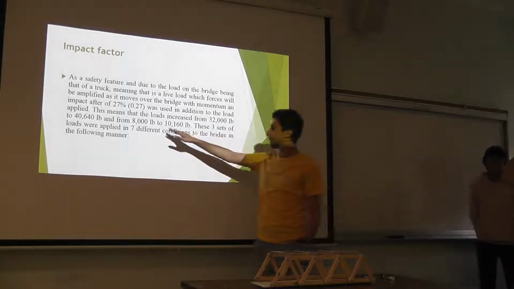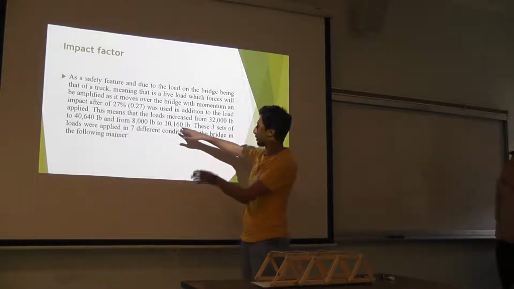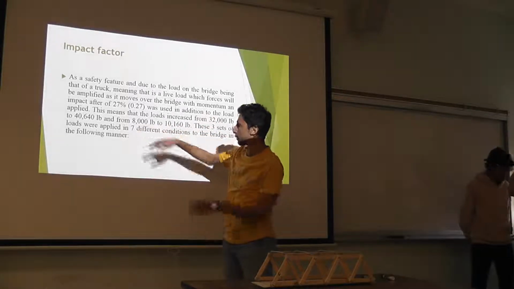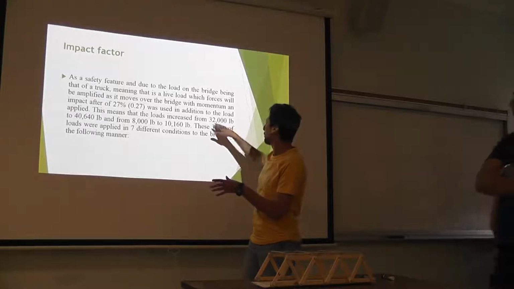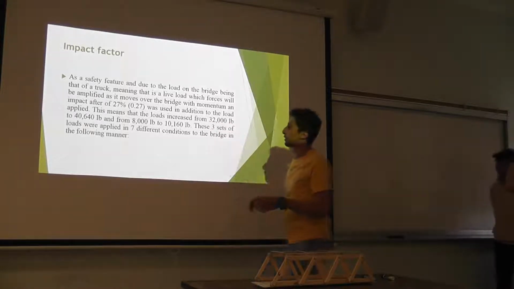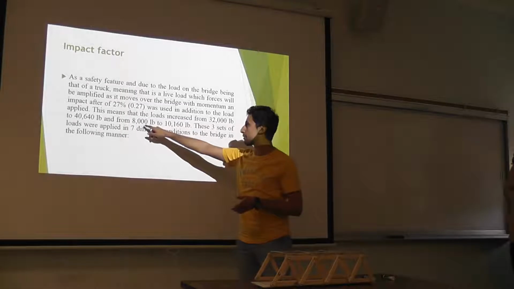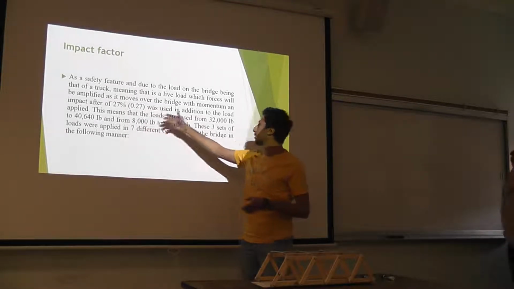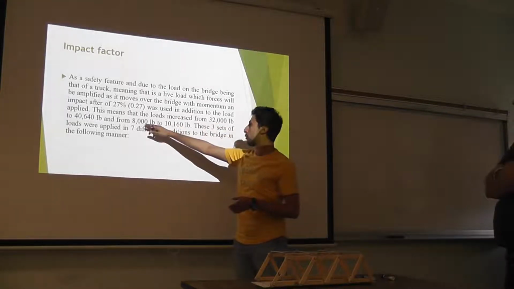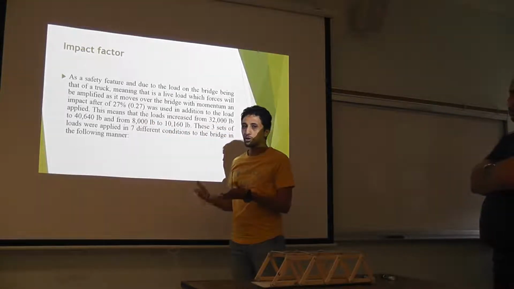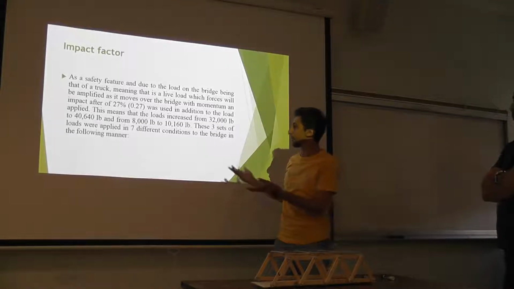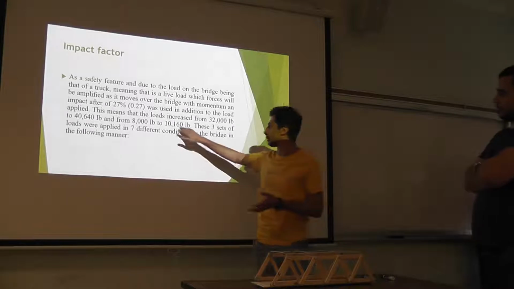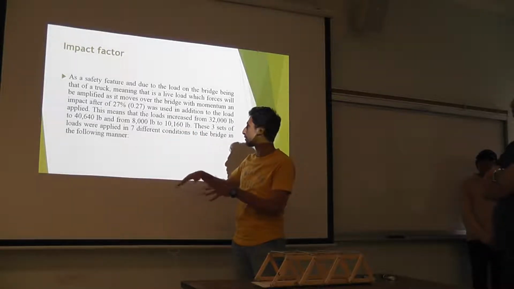For example, if the front load of the truck is 8,000 for the front wheels, and the two back wheels are each 32,000, what we did is multiply the 8,000 by 0.27, which is the impact factor, and add it to the original load, so it gives us the total force that is going to be applied on this area, like the front axle of the truck.